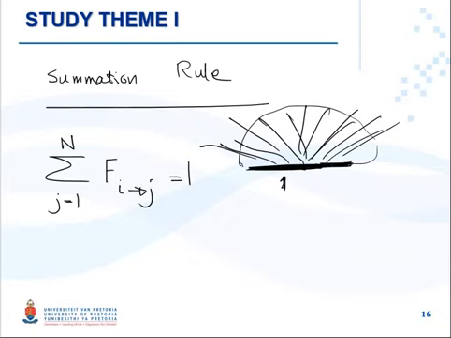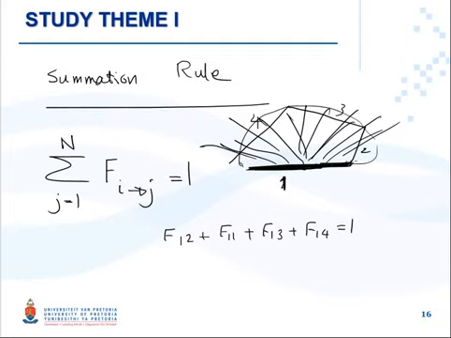So all the view factors associated with surface 1 will add up to 1. For example, let's say we have four surfaces: 1, 2, 3, 4. So it will be F11 plus F12 plus F13 plus F14 is equal to 1. Why?